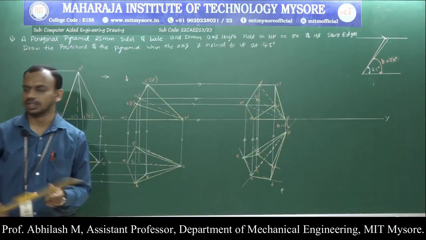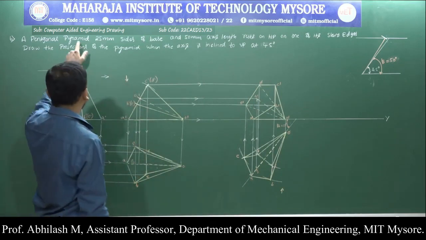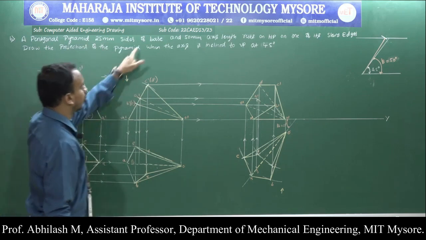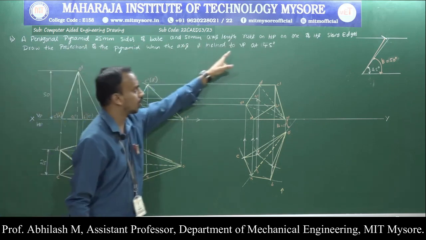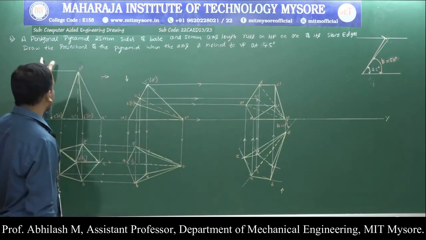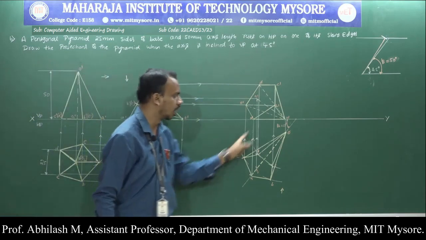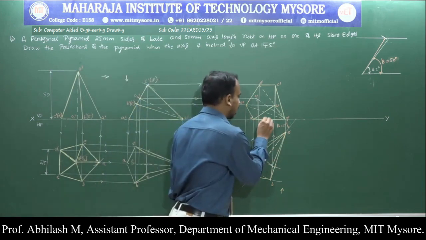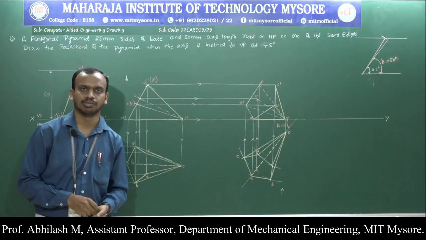So this concludes the problem on the condition that they have specified: a pentagonal pyramid of 25 millimeter sides of base and 50 millimeter axis length rests on HP on one of its slant edges. Draw the projections of the pyramid when the axis is inclined at an angle of 45 degrees. We have satisfied the conditions that are specified in the problem.